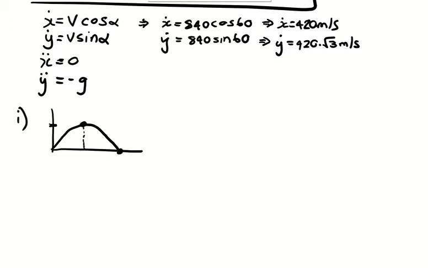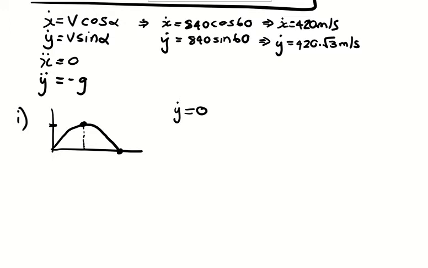And let's think back to our calculus. We can find a maximum by solving the first derivative equal to 0. So to find a maximum, I solve my first derivative equal to 0. And we're talking about a vertical height here, so that's why I'm solving y dot equal to 0.